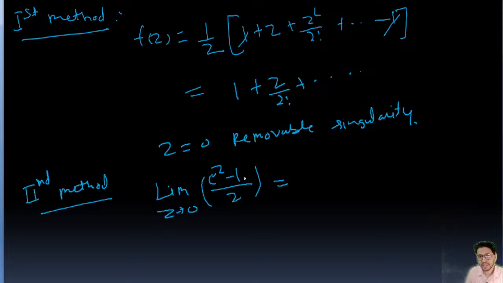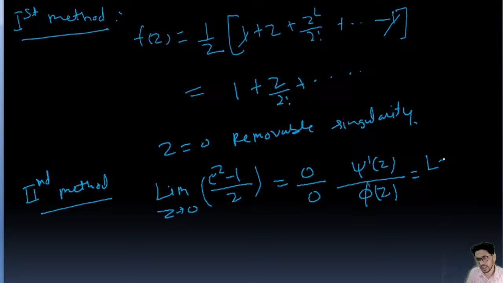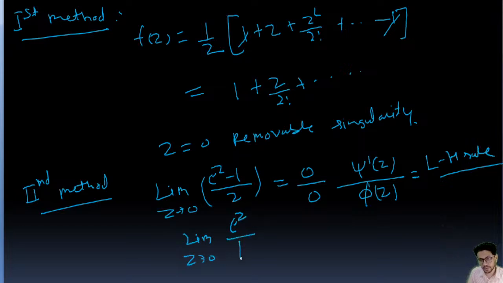So here, if you put z equal to 0, this is going to give 0 by 0 form, right? So we'll use L'Hospital's rule, differentiating numerator and denominator. Differentiating, e to the power z remains as it is, so it is e to the power z upon 1.